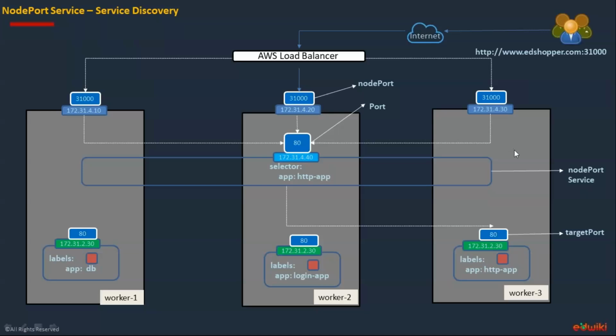The pod may run on any worker node, it doesn't matter, as long as the pod has a label matching the selector label that you define at your service, the service can route the traffic to that particular pod, and it may run anywhere in your cluster, on any worker node.